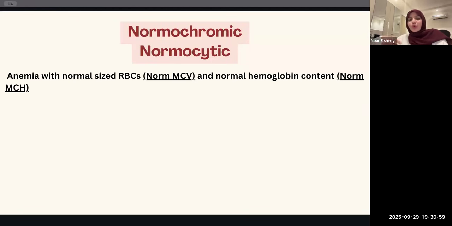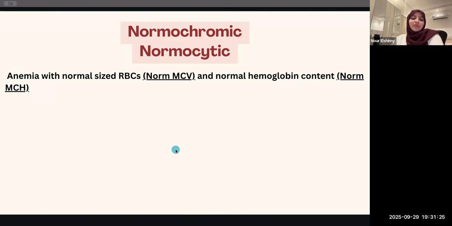Okay, if we have normal size red blood cells and we have normal hemoglobin content, then what went wrong? Why do we still call this anemia? Do you guys know? We have normal sized red blood cells and we have normal hemoglobin. Good job, you guys. Okay.